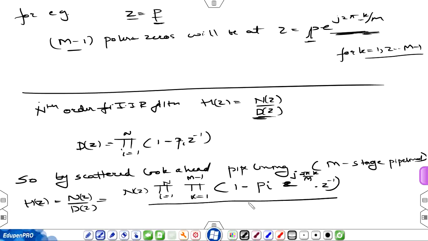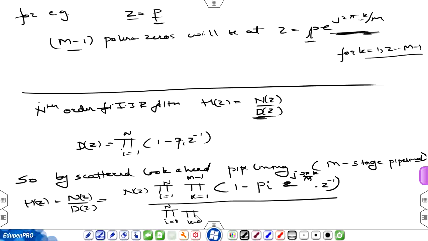Okay, and the same number of poles will be added to the denominator. So product for i equal to 1 to n, and now k will start from 0 because it is already having 1 minus p_i z inverse.